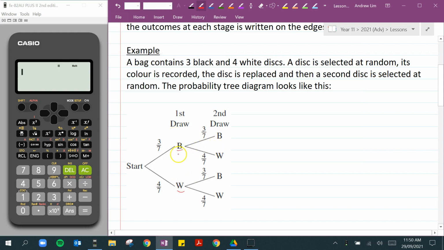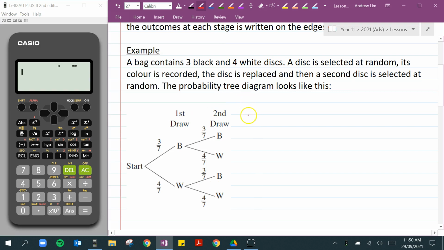And in our second draw, if we got a black one, we could get another black one or a white one. Or if we drew a white one first, our second draw could be either black or white. Now, because this is with replacement, because here it says the disc is replaced after the first one is selected, the second draw will still be out of 7 because there are still 7 discs to choose from.